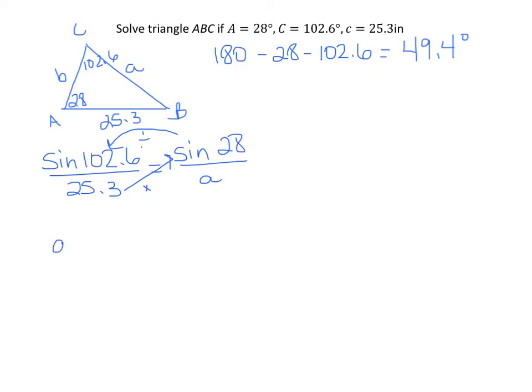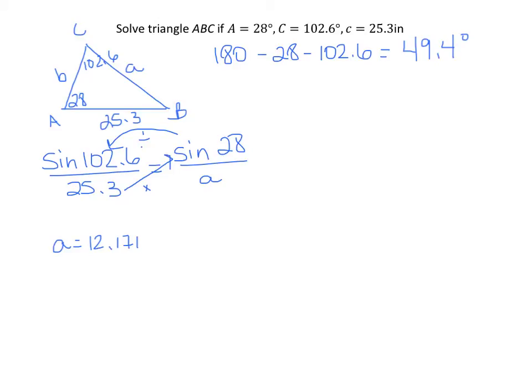This gives me a value for side A of 12.171. Then I need to find side B. Usually, I say don't use a calculated value, but in this case you have no choice.